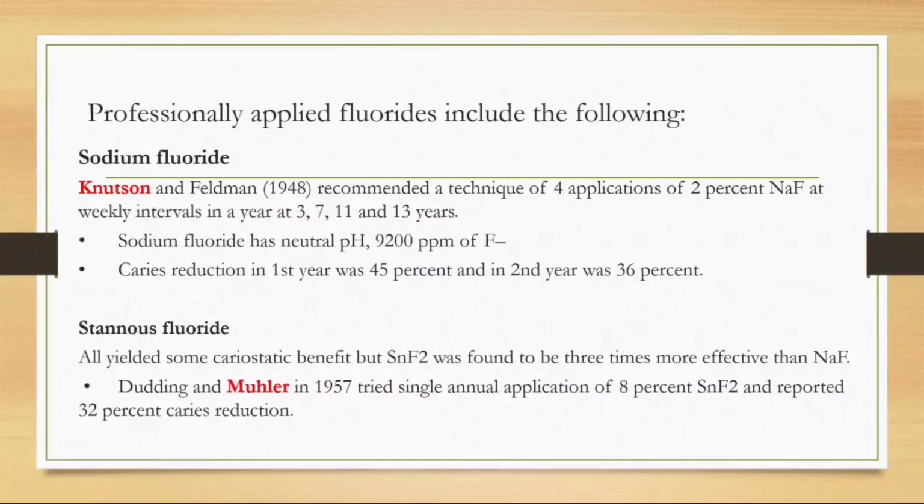So with sodium fluoride there will be 16 applications, because at each age we are going to apply 4 applications at 1 week intervals, using 2% sodium fluoride. It is neutral in pH, 9200 ppm, because we are providing it topically, so we need a very high ppm. Systemic fluoridation can be given in many ways, but the patient or the child is consuming it.